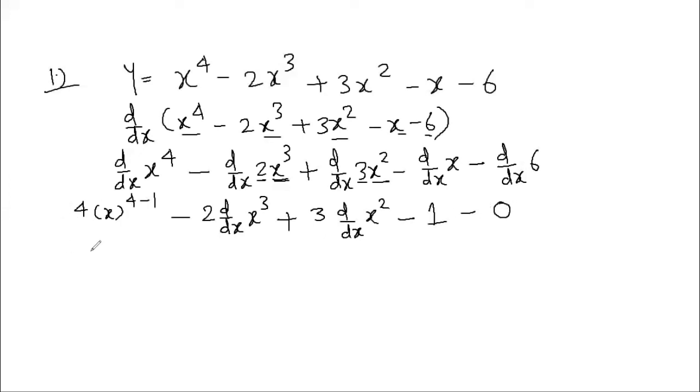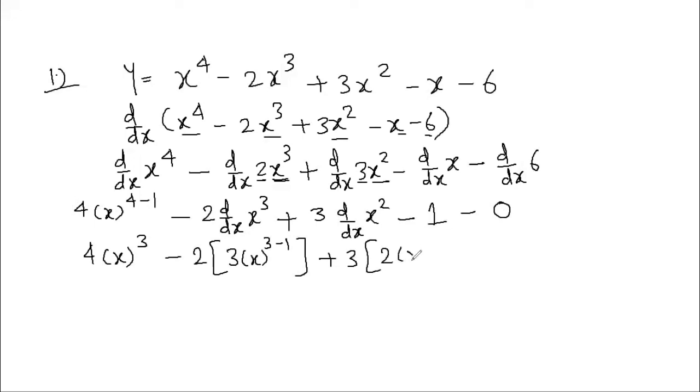0. Now can I write 4x, 4 take away 1 is 3, minus 2. Differentiation of x to the power 3 is 3x, 3 take away 1, plus 3. Differentiation of x square is 2x, 2 take away 1, minus 1, minus 0. This is 4x cube minus, can I write 2 times 3 is how much? 6, because there is a multiply sign between them.